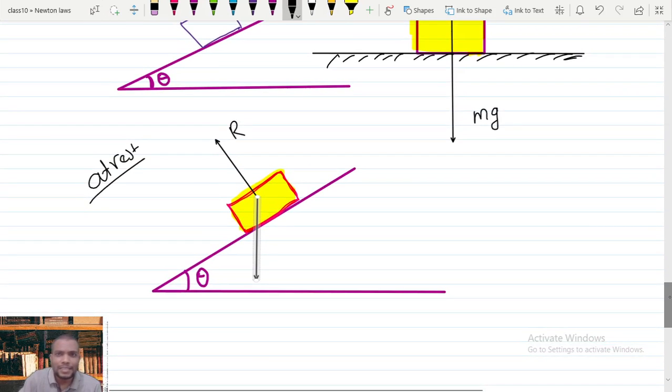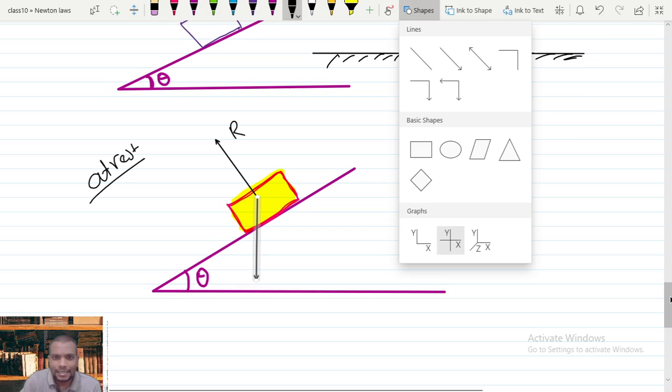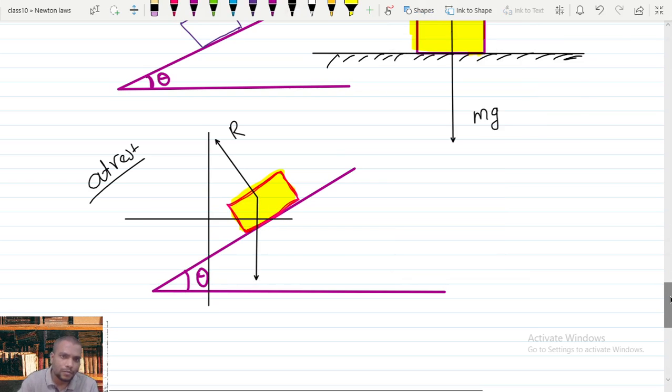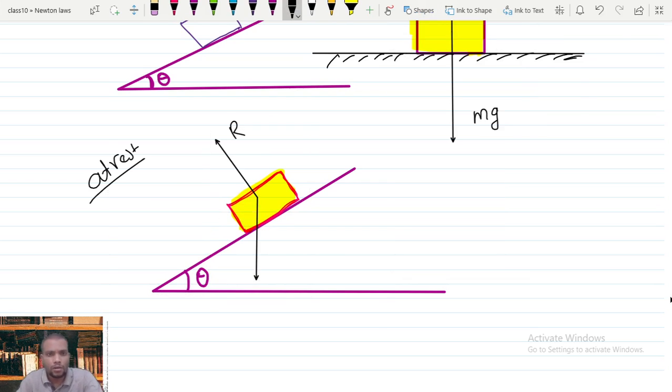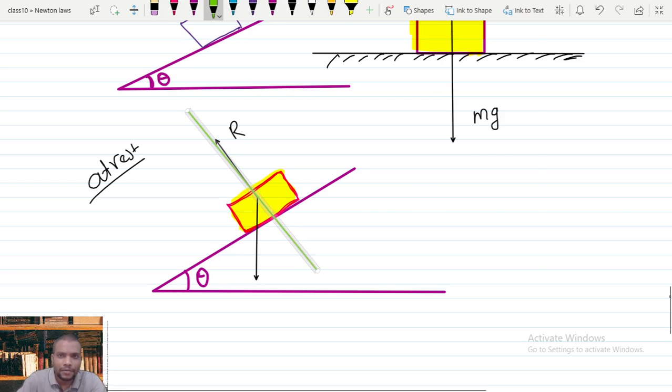Suppose I draw a coordinate axis with the green color. Let this be the y-axis and this be the x-axis.